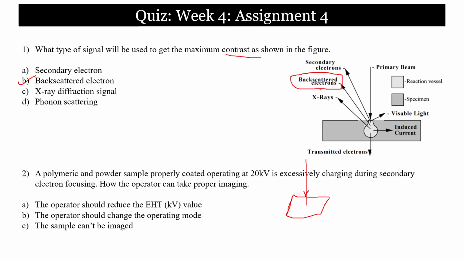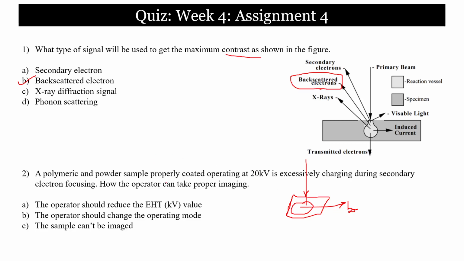So if you don't have a conducting medium for the electrons to go, the electrons may accumulate on the surface of the specimen and it will generate a negatively charged surface. So in your image, this region will appear very bright, white kind of thing, because your electrons are being accumulated here. So you should always have a conducting path for the electrons so that the electrons should not get accumulated on the surface of the specimen.